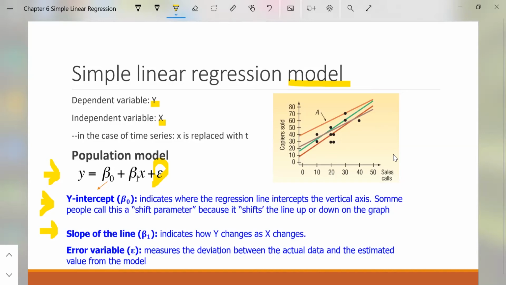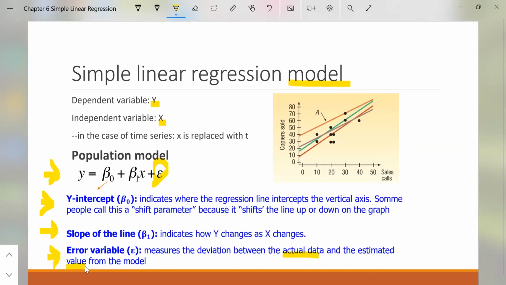And this is really the additional information that we can get from regression, other than just looking at the correlation coefficient. Now the last term, the epsilon, which is called the error term. Now the error term is actually something we've talked about before. It is basically the difference between the actual data and the estimated value or the forecast from using the model.